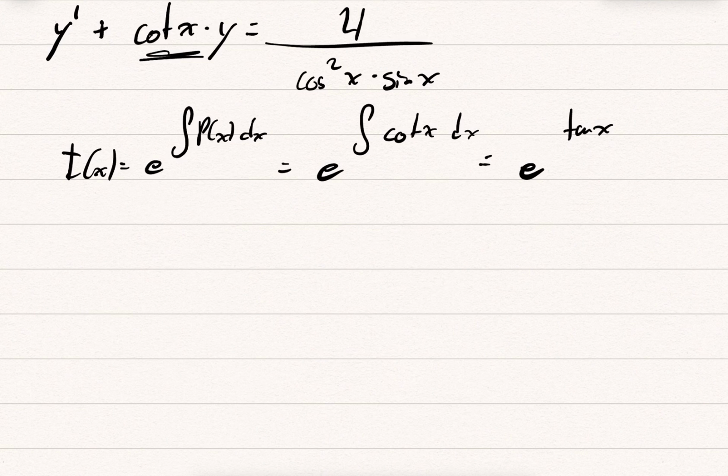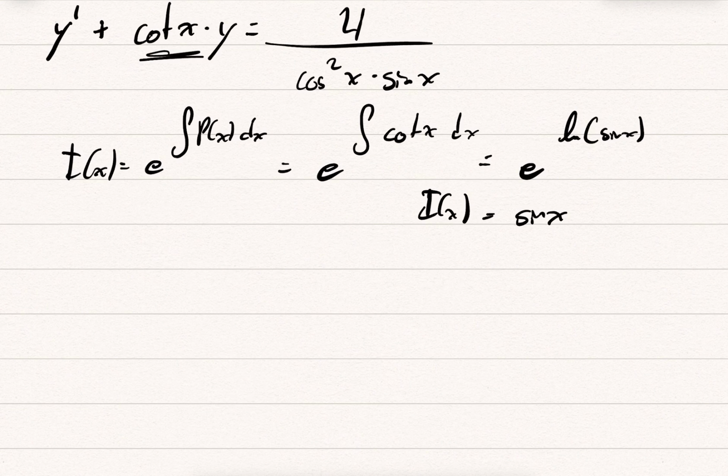Oh no, sorry. It's not tan x. I wrote that down wrong. The integral of cot x is ln sine x. We don't care about the sine, so this just equals sine x. Okay, so I at x equals sine x.